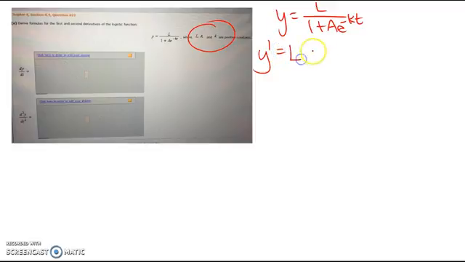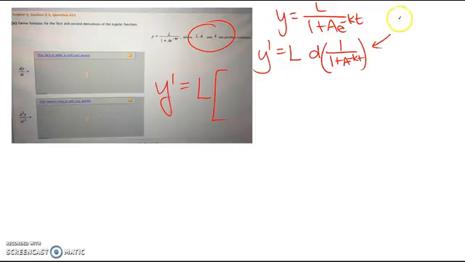Here they're having us do some crazy derivatives again. So let's look at this. Our original function is L over 1 plus A e to the minus kt, where L, A, and K are positive constants. When I take the derivative, I'm going to bring out the L before I take the derivative of the rest. So y prime equals L times the derivative.